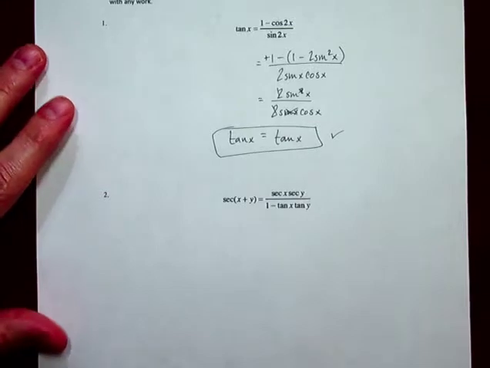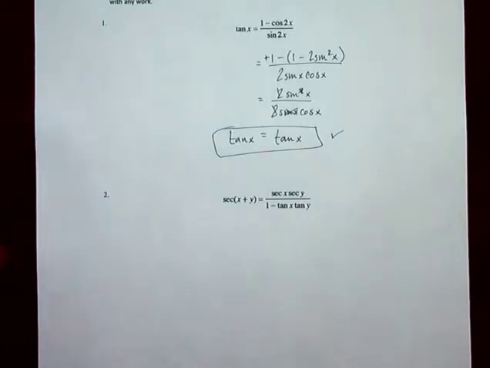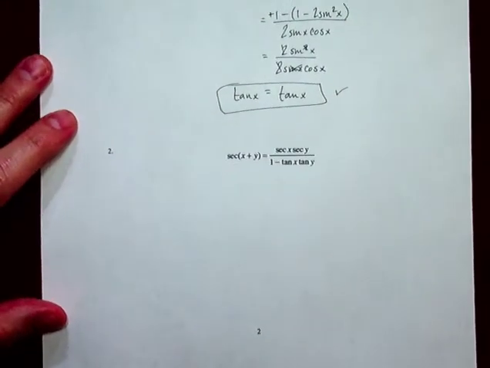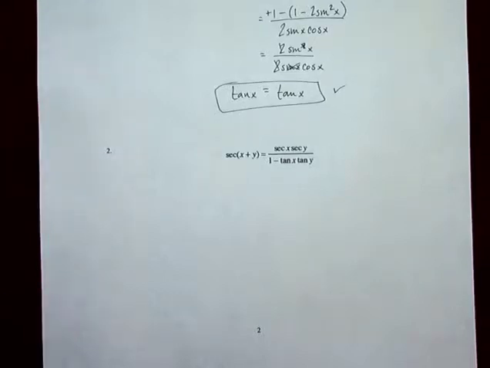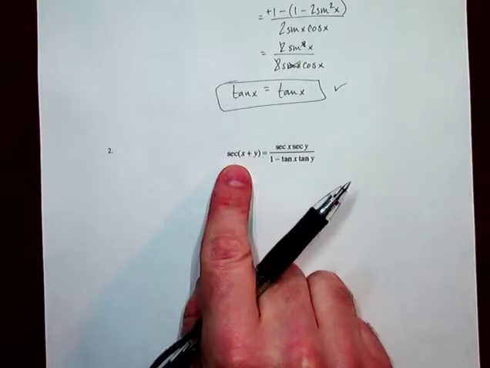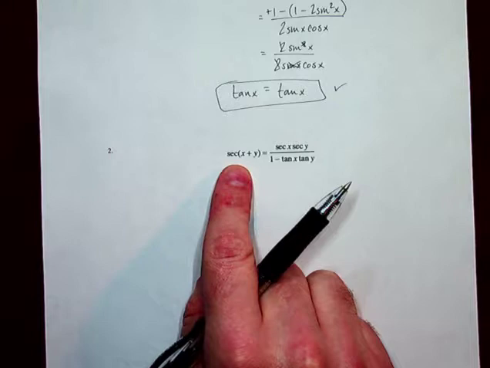The next one winds up being a little bit, some people just didn't like this one. The reason is that we weren't given an identity for a sum and difference for secant. But you were given one for cosine, and all this is 1 over cosine of x plus y.